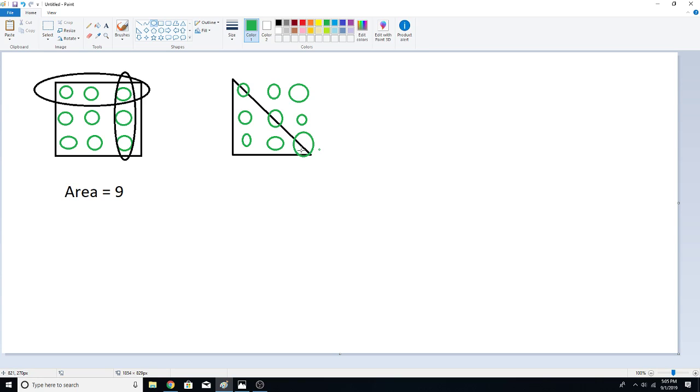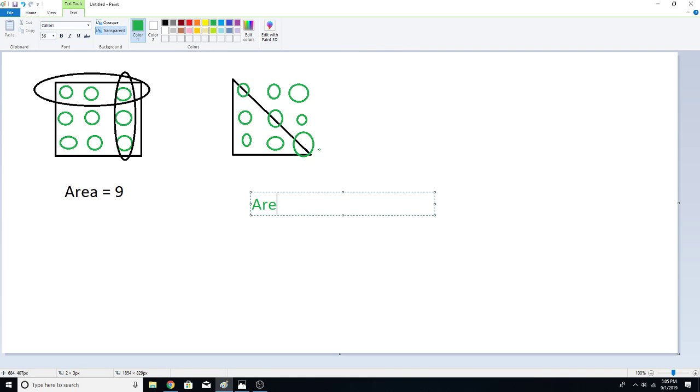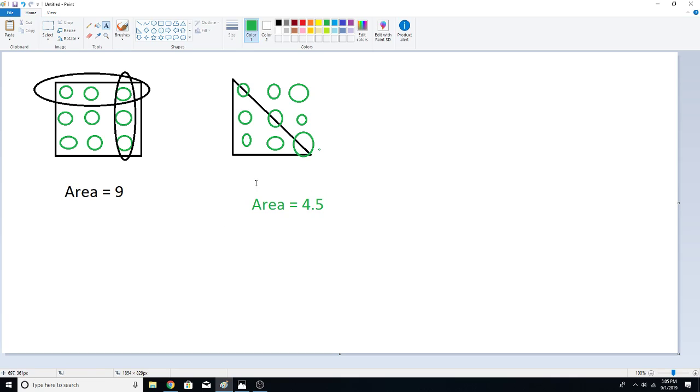There's 3 half chairs along this line where it cuts off. So one half, 2 halves, 3 halves. 3 halves is 1.5, and if we add the remaining 3 seats here, that's 4.5. So there you can see that when you do a triangle, it halves the area of the full square you were dealing with. Right, so there's 4.5 chairs.